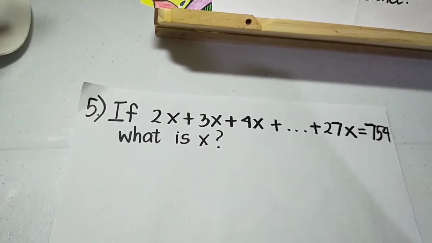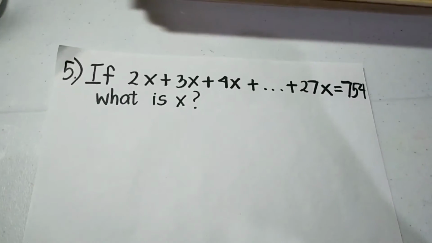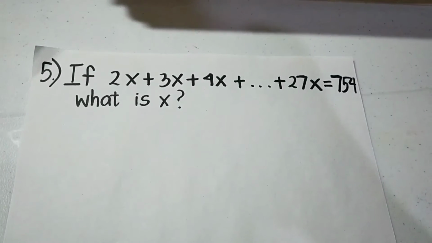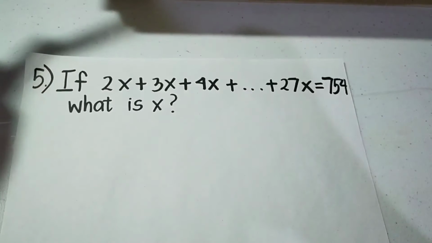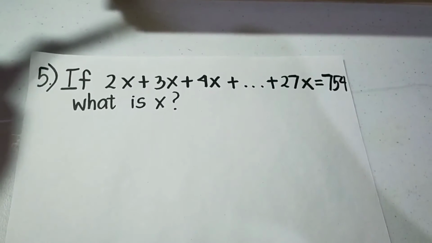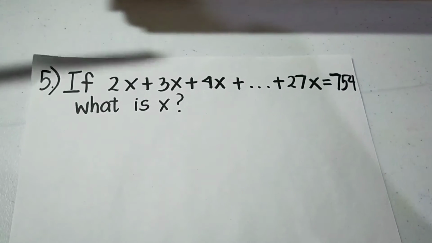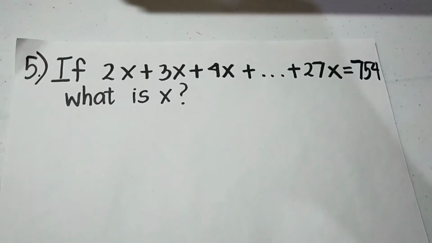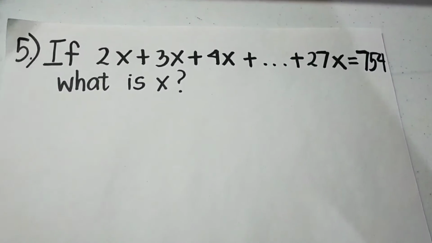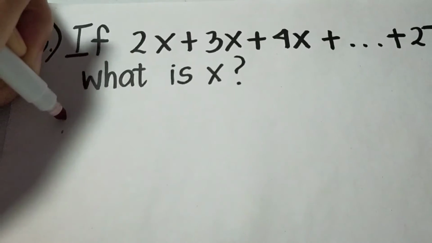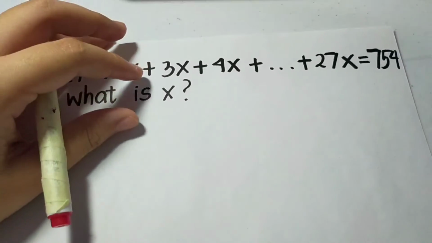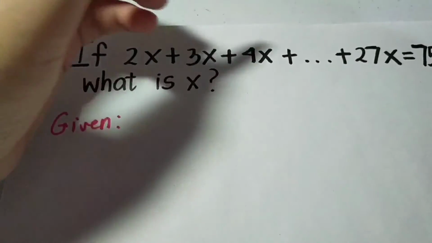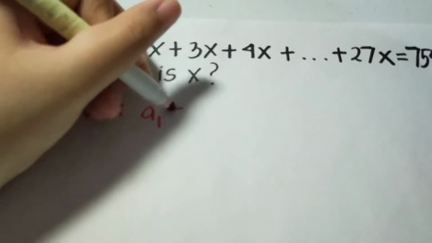Paano naman kung ganito ang ating example, which is if 2x plus 3x plus 4x plus the ellipsis plus 27x is equals to 754. What is x? So yung given natin ay a sub 1 is equals to 2x.